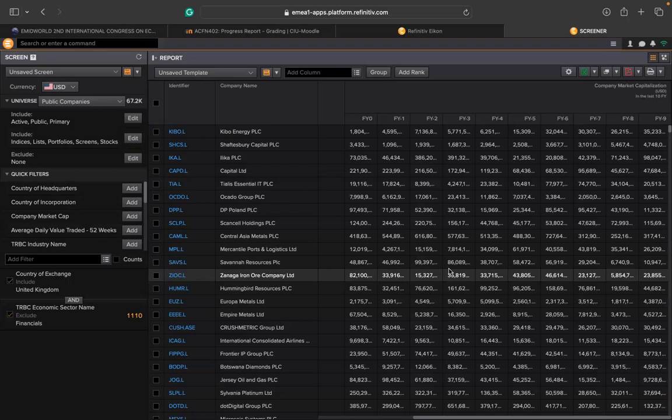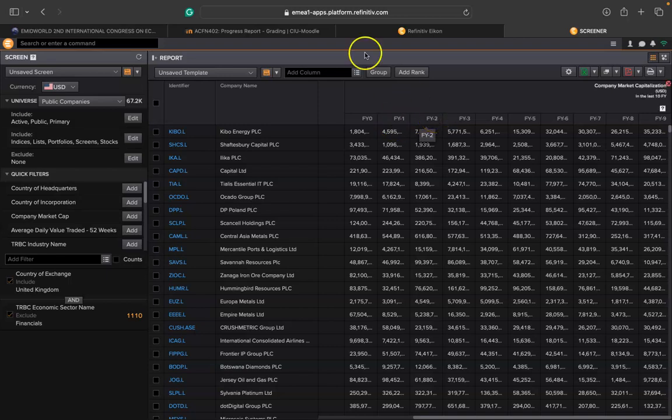Now fiscal year 0 is most likely 2023 because the fiscal year for 2024 is not given. So fiscal year 1, 2, 3, and 4. Fiscal year -1 and fiscal year -2 mean that is 2022, that is 2021.